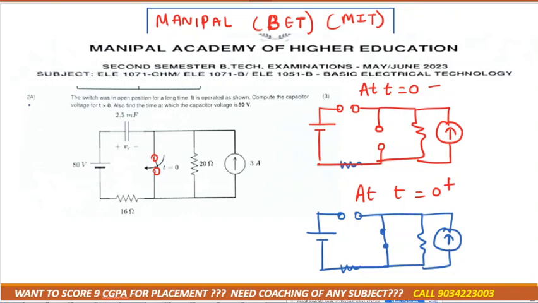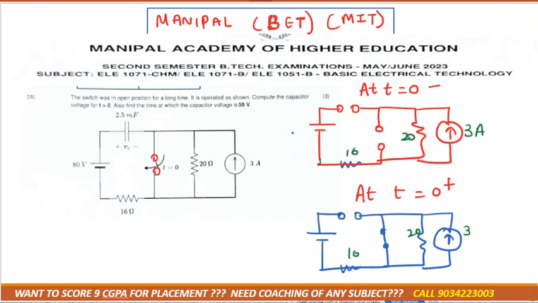Okay, now first of all tell me, any doubt up to here? I just redrew the diagram. At t equal to 0 minus the switch was open, and at t equal to 0 plus switch is closed. Okay, correct? Now in the next condition we need to calculate Vc of 0 minus.